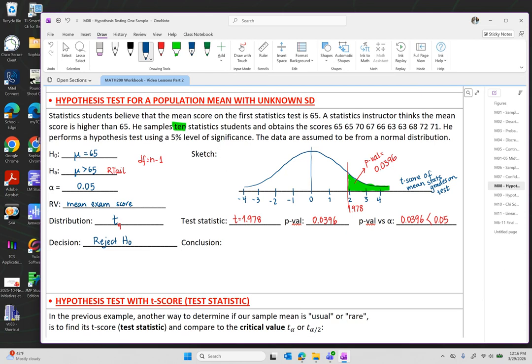The conclusion is that at the 5% significance level, the sample data provides sufficient evidence that the mean exam score is greater than 65.